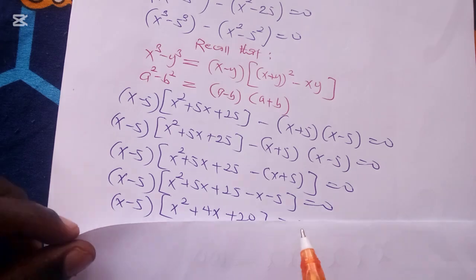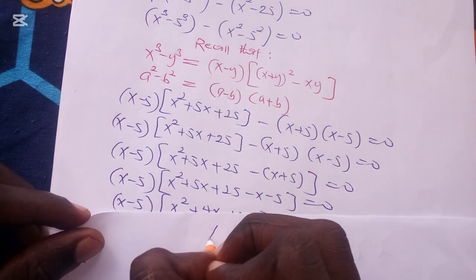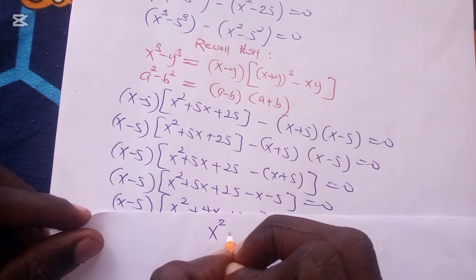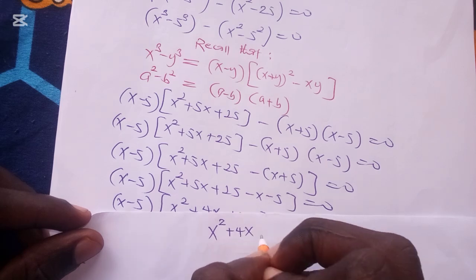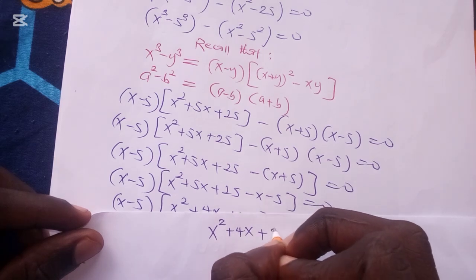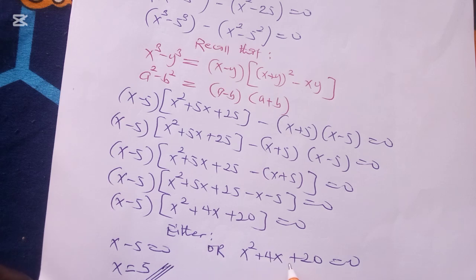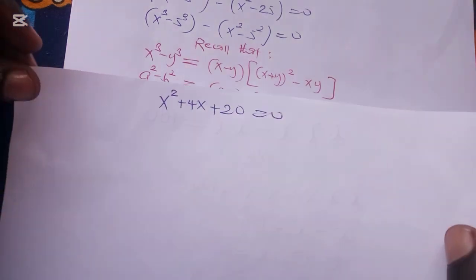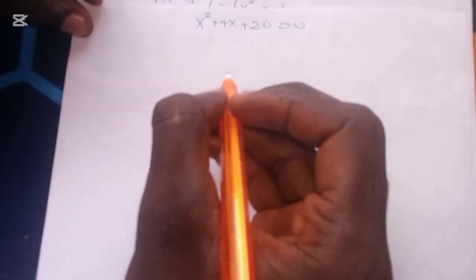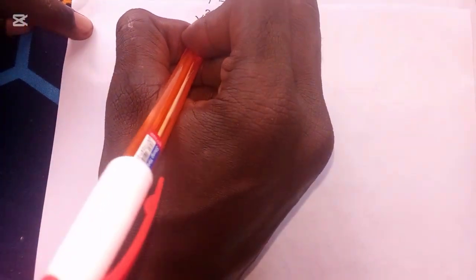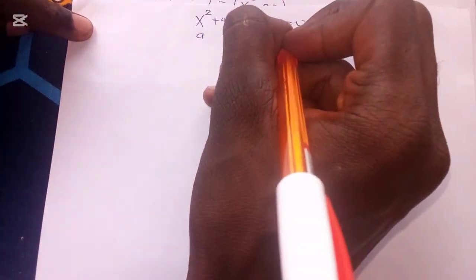It reads, since this is x raised to the power 2 plus 4x plus 20, then everything becomes 0. Let's look at it. This is what we want to solve. Okay, using the formula method. Now to solve this, we know this is a, this is b, this is c.